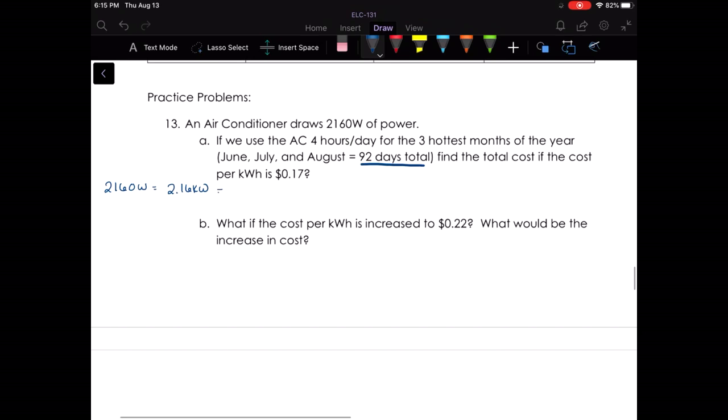And if we are using it for 92 days times 4 hours per day, that's going to be about 794.88 kilowatt hours.